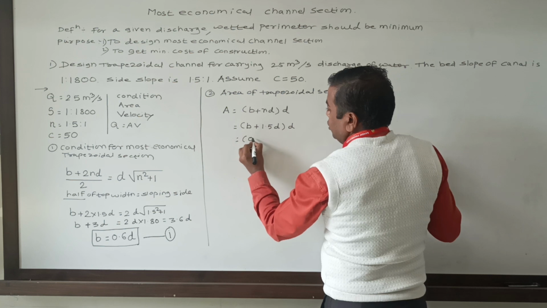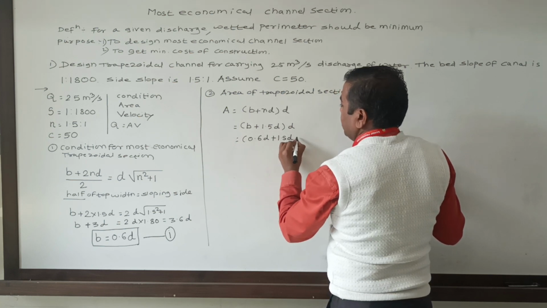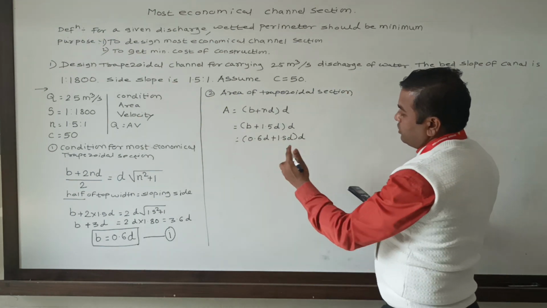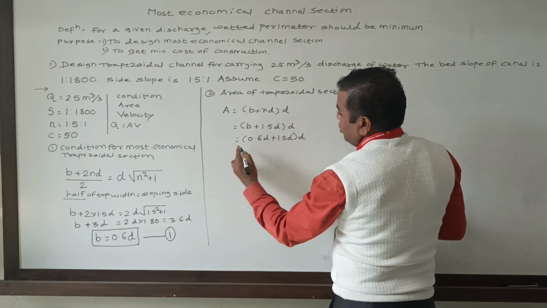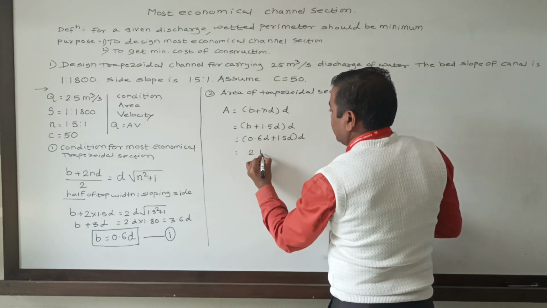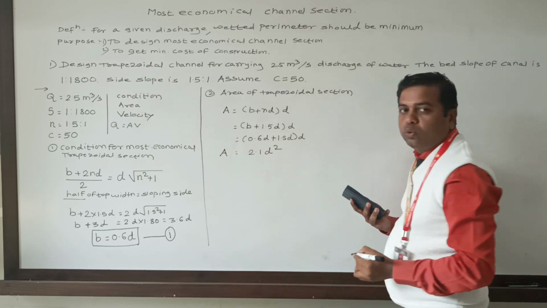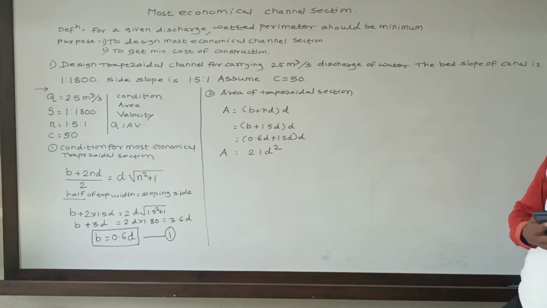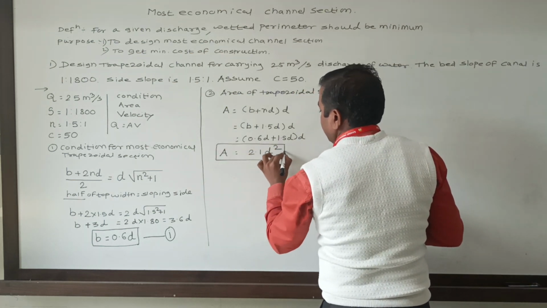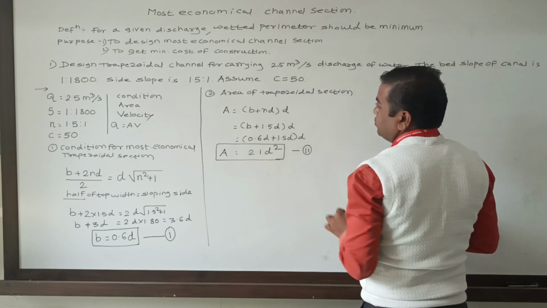So 0.6 D plus 1.5 D into D. If you add 1.5 plus 0.6, that is equal to 2.1 D square. So the value of A is equal to 2.1 D square. This we also require in a later step. Call this equation 2.